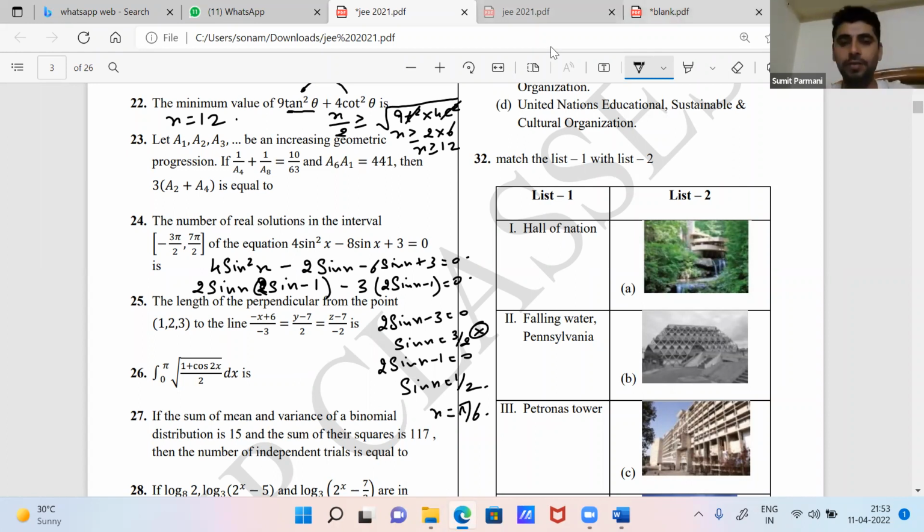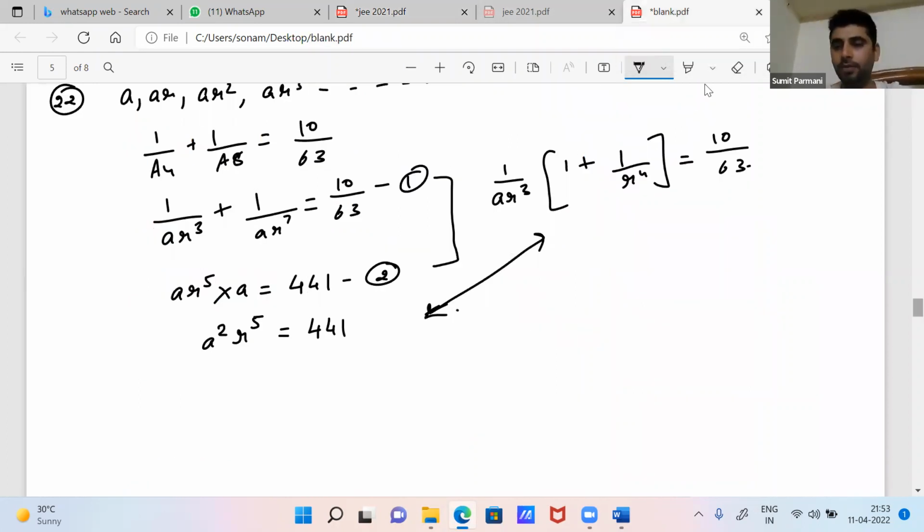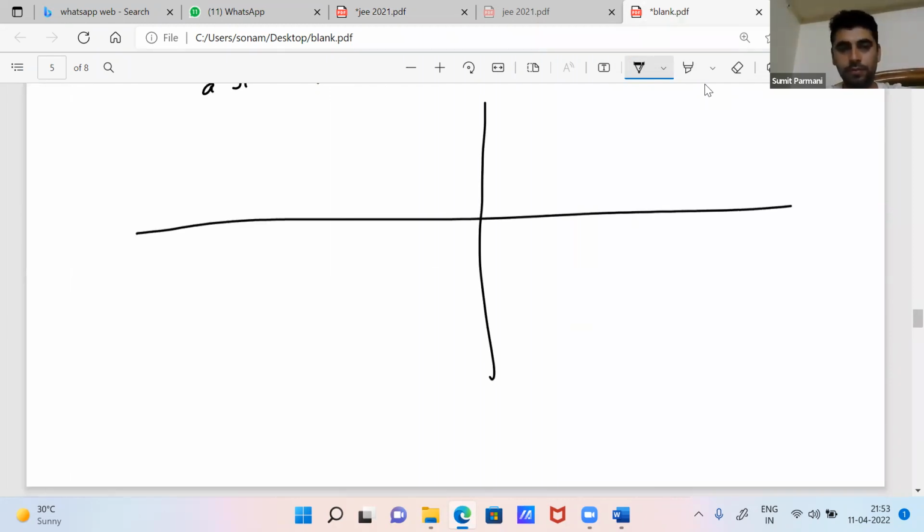So now we have to calculate between minus 3 pi by 2 to pi by 2. This is minus pi by 2. This is minus 3 pi by 2. This is pi by 2. This is 3 pi by 2. 5 pi by 2. 7 pi by 2.